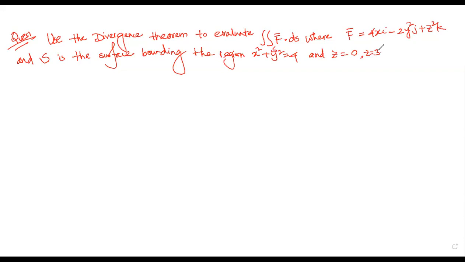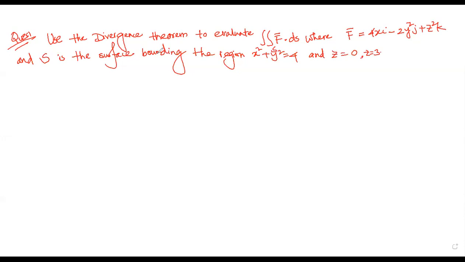This is actually like the similar question before. Just before it was a square, now it is 4, and before z equal to 0 to z equal to b, now z equal to 3, and of course the vector function is changed a bit.